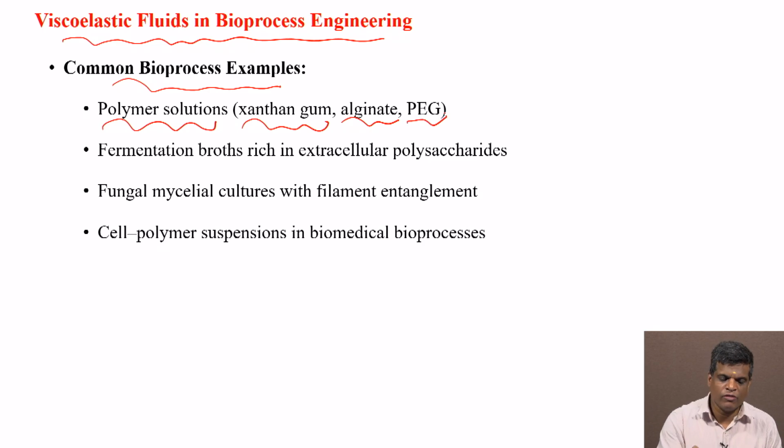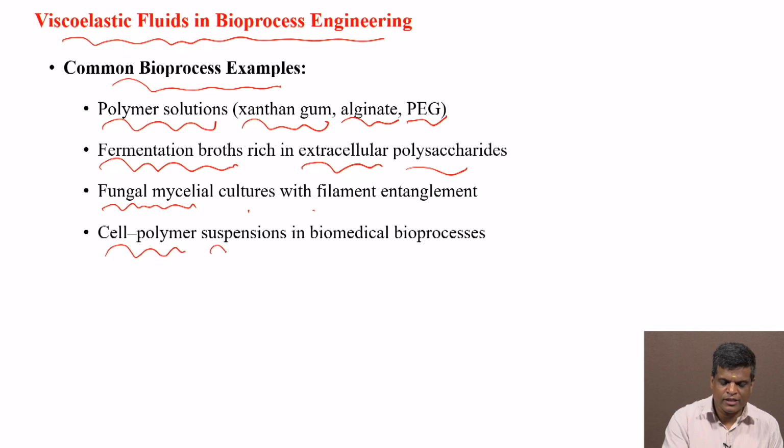These are the best bioprocess examples. Also, fermentation broth rich in extracellular polysaccharides, fungal mycelial cultures with filaments, and cell polymer suspensions in biomedical applications. These are the common bioprocess examples of viscoelastic fluids.